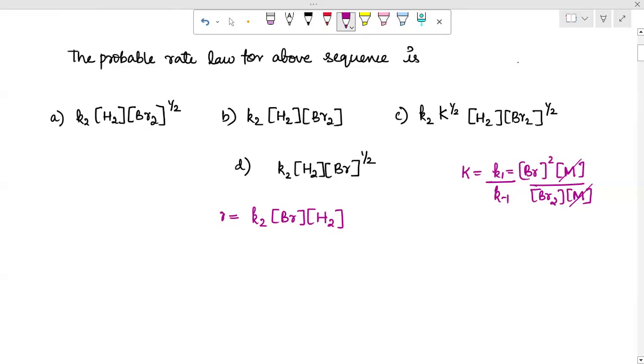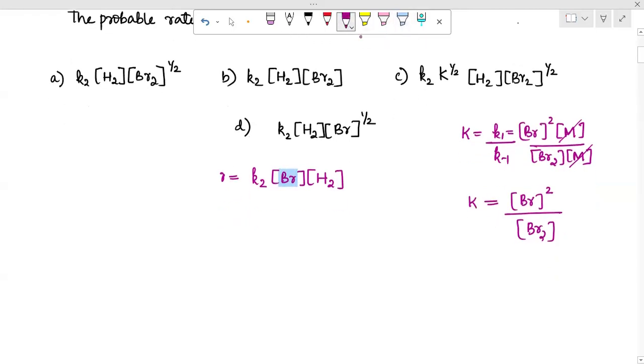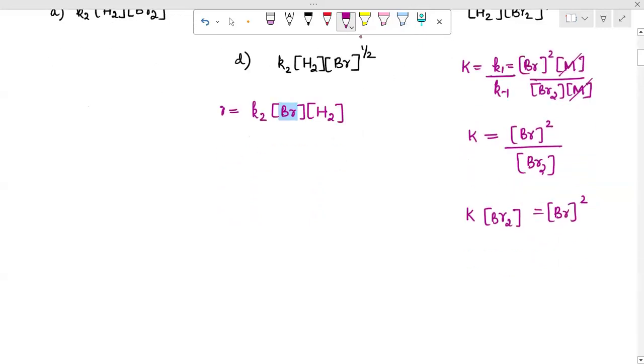And what you have over here is the equilibrium constant is equal to Br squared divided by Br2. This is what you get. Right, now you need to replace this Br over here. So K into concentration of Br2 is equal to Br squared. And if I have to take the concentration of Br only, we'll take the root. Right. This is equal to Br.